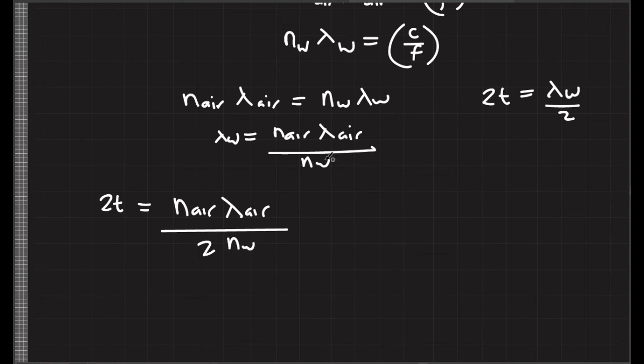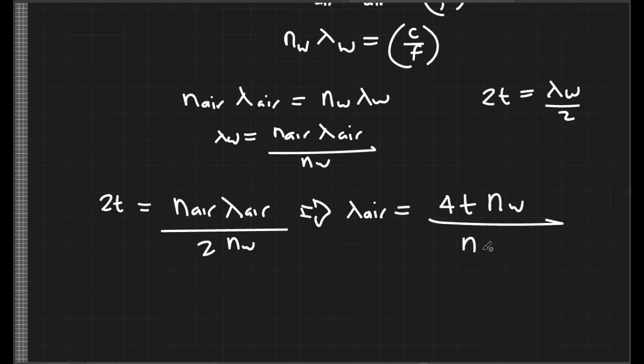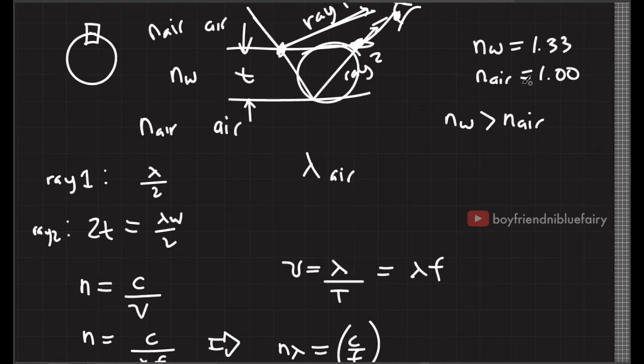Here our target variable is lambda sub air, so I'm going to arrange it in terms of lambda sub air. Lambda sub air equals 4t n sub w over n sub air, which is approximately equal to 1.